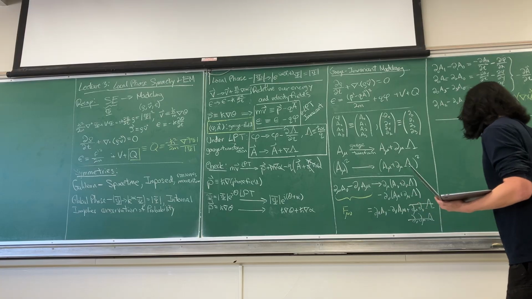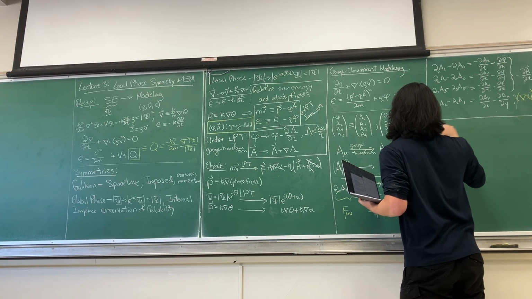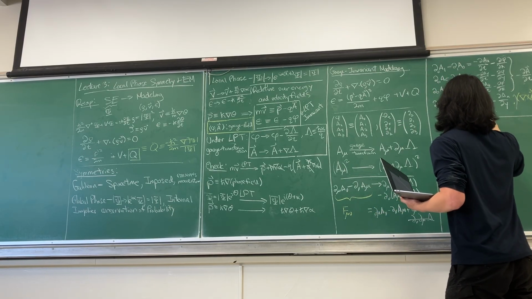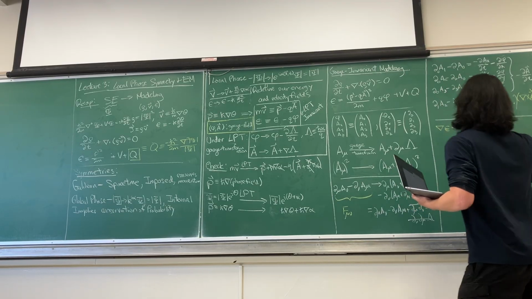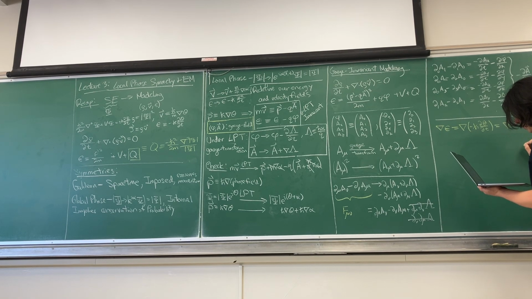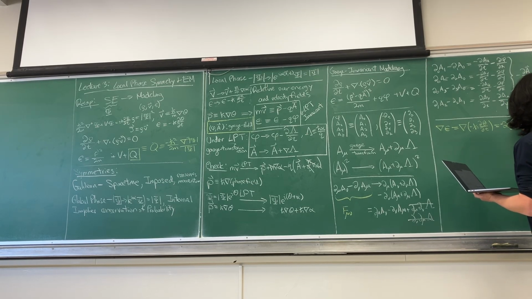A couple things to note is that first, the gradient of epsilon is equal to the gradient of minus h bar times the partial of theta with respect to t, which is equal to minus the time derivative of h bar gradient theta, which is p.